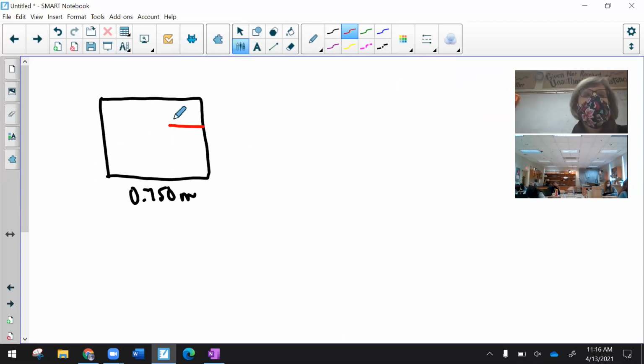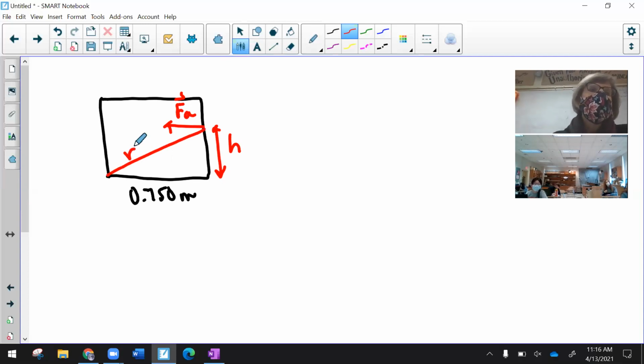And my applied force acts up here at some height h. Okay. And we're going to say that that's some distance, little r, from the axis of rotation. This is my axis of rotation.